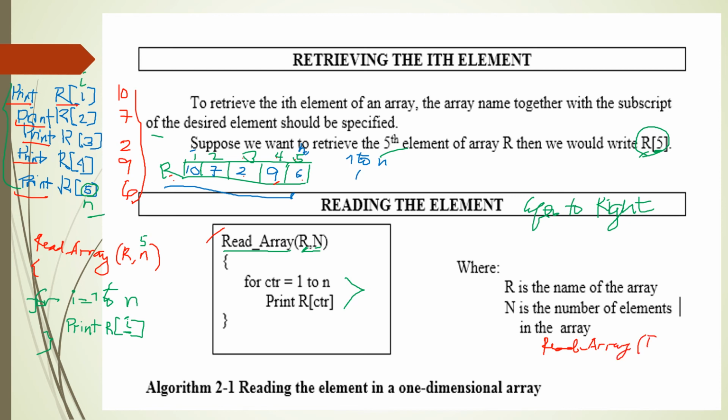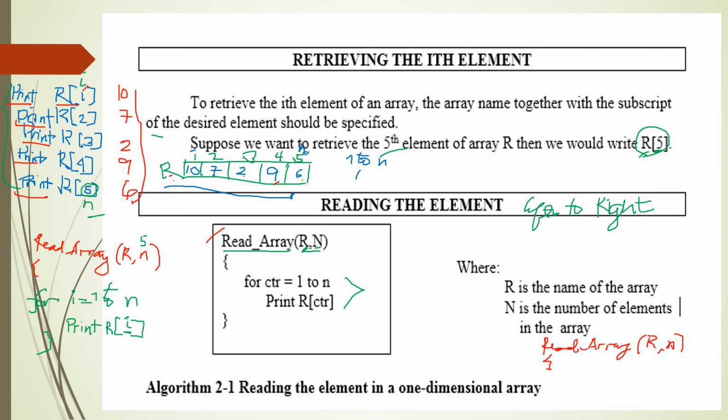Array is R and the size is N. And then we have an iteration. Di ba? Kasi meron pa ulit-ulit na gagawin yung print. So that means may loop yun. So we could use a while loop.